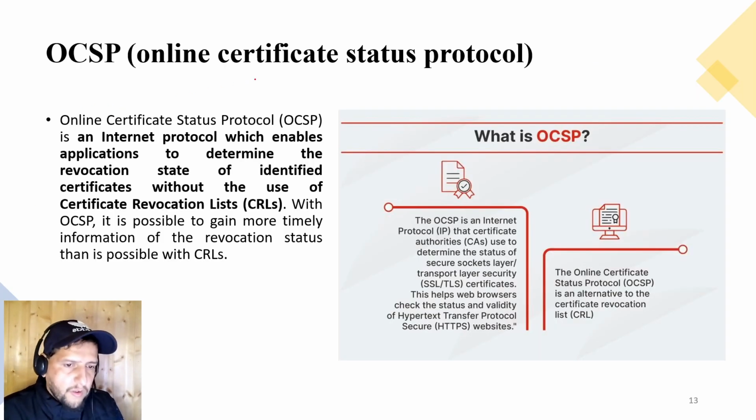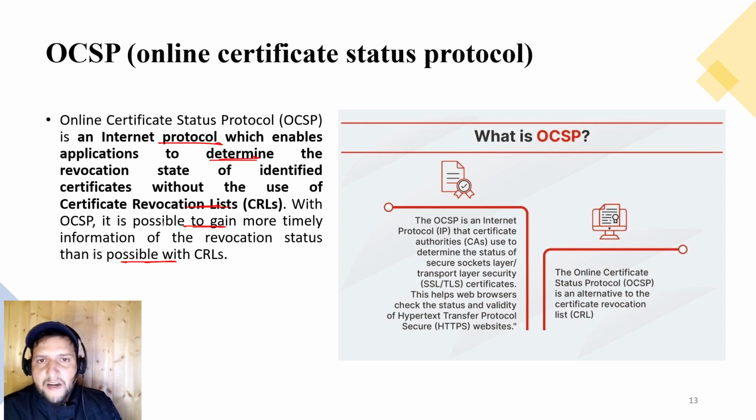OCSP is your Online Certificate Status Protocol. So this is an internet protocol which enables applications to determine the revocation state of identified certificates without the use of CRL. With OCSP, it is possible to gain more timely information of revocation state than it is possible with CRL. So this is another protocol which is a replacement for CRL, which just gives you the status of the certificate.